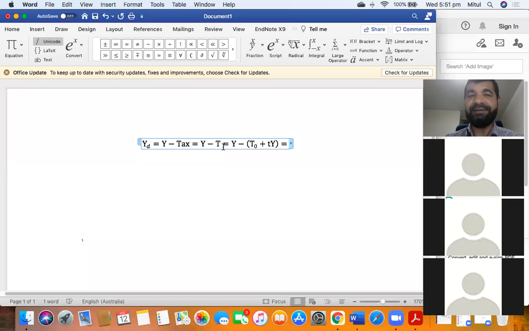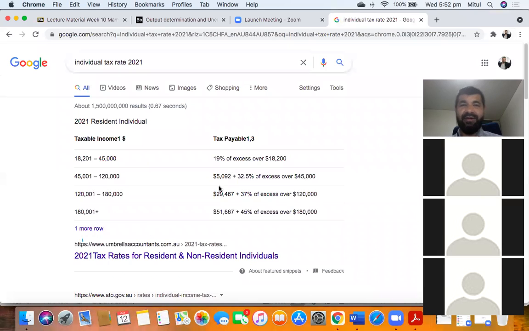So your income, how do you calculate tax? Let's say your tax is $200. I think I should show you from this website. You see this: 5,092 plus 32.5% of excess over the 45, like this.